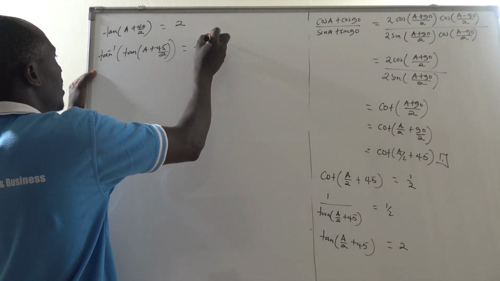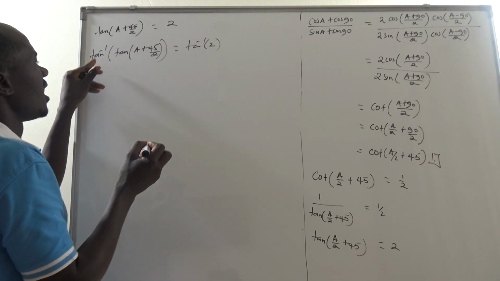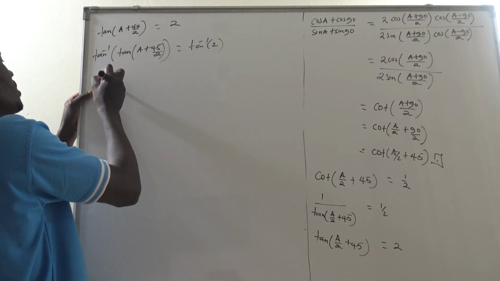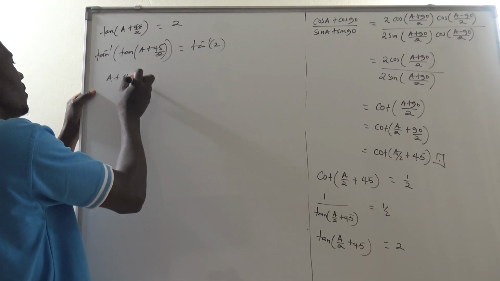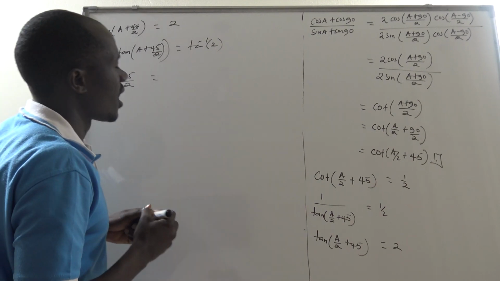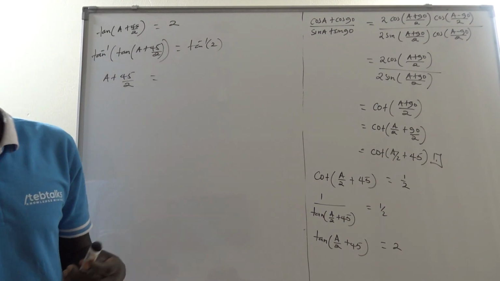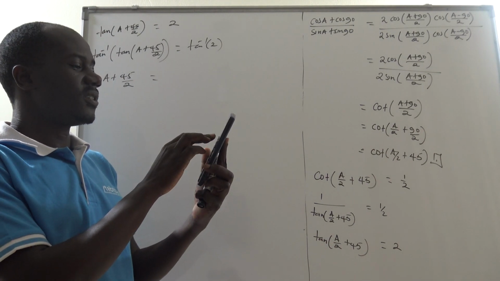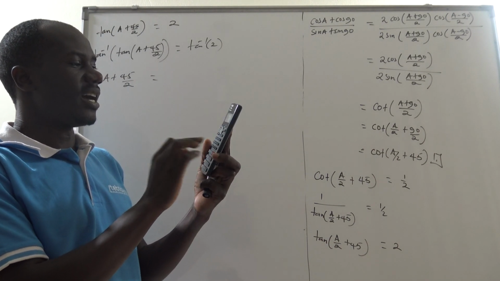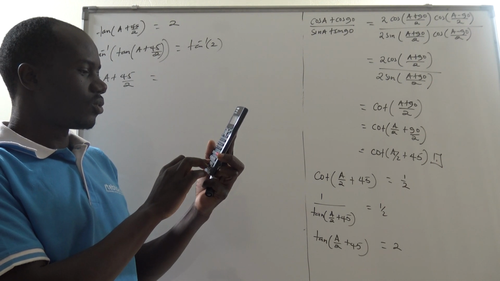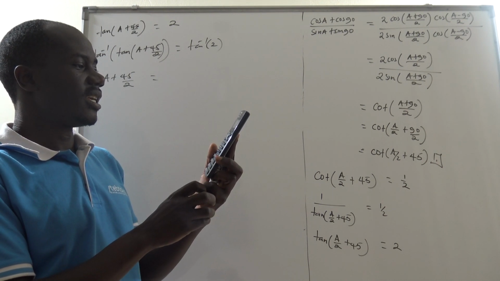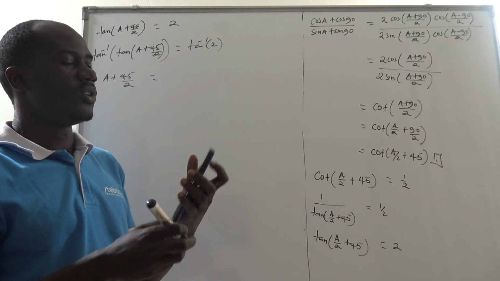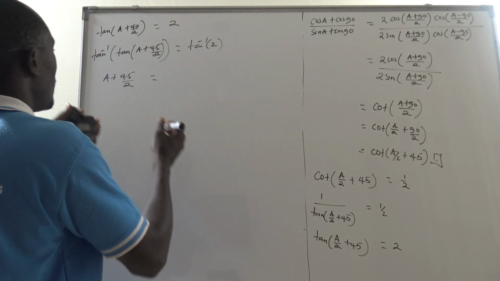On the calculator, we press shift tan of 2, and we get 63.43.